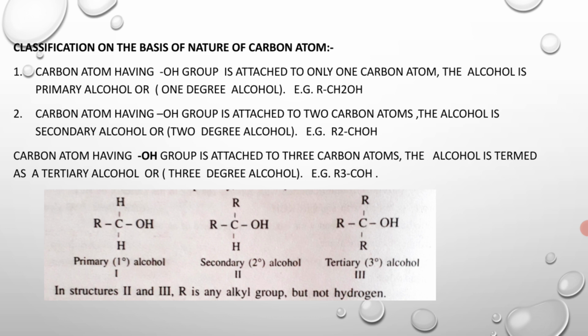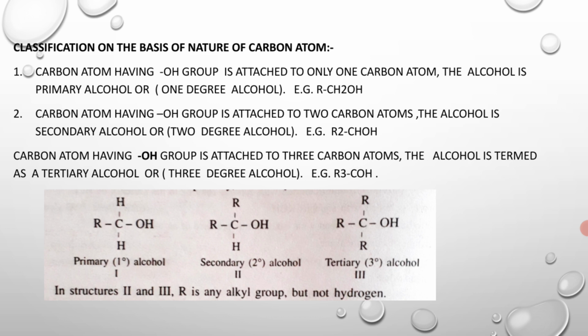Similarly, when the OH group, that is hydroxyl group, is attached to two carbon atoms by replacing the hydrogen atom, then the alcohol is secondary alcohol, that is 2 degree alcohol.